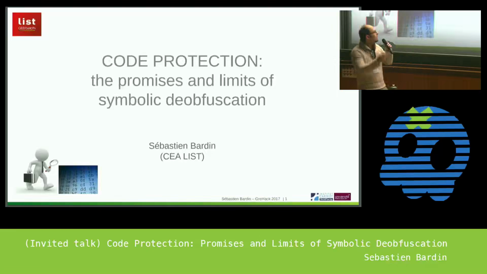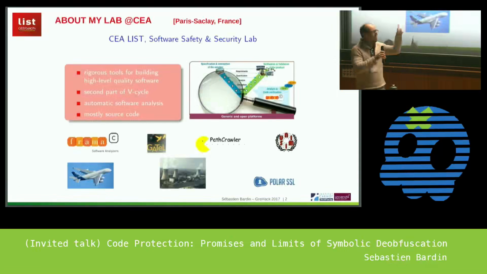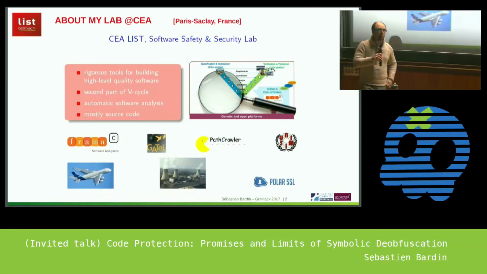Okay, so I am working at Symbolic, which is located close to Paris. So basically, here is my lab. I don't come from security, I come from formal methods and certification. In my lab, originally we were interested in designing methods and tools to help design very safe safety critical systems.